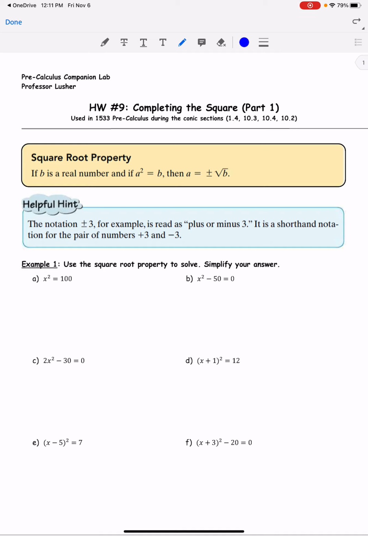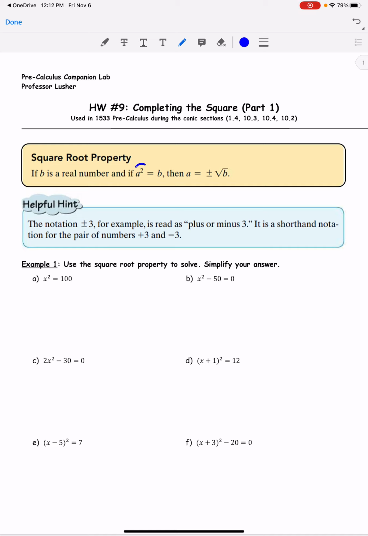So you have a square root property. If you have something squared, all you do is take the square root of both sides and you get plus or minus whatever that square root is. When you did quadratics, you should have also learned that as well.